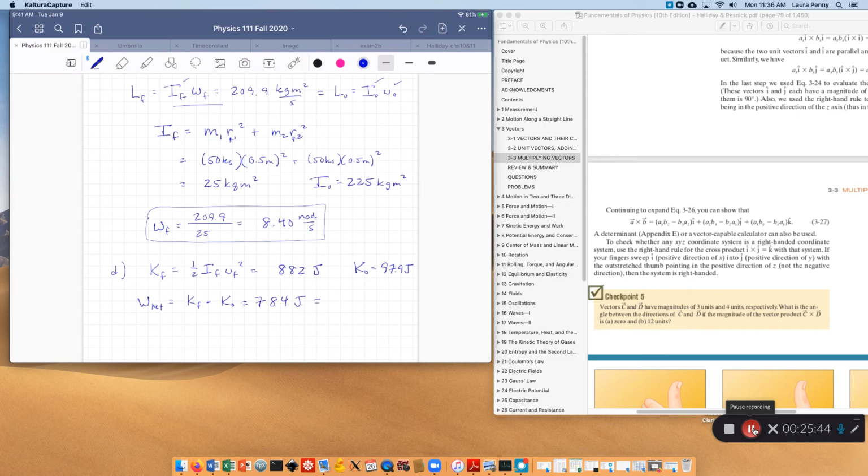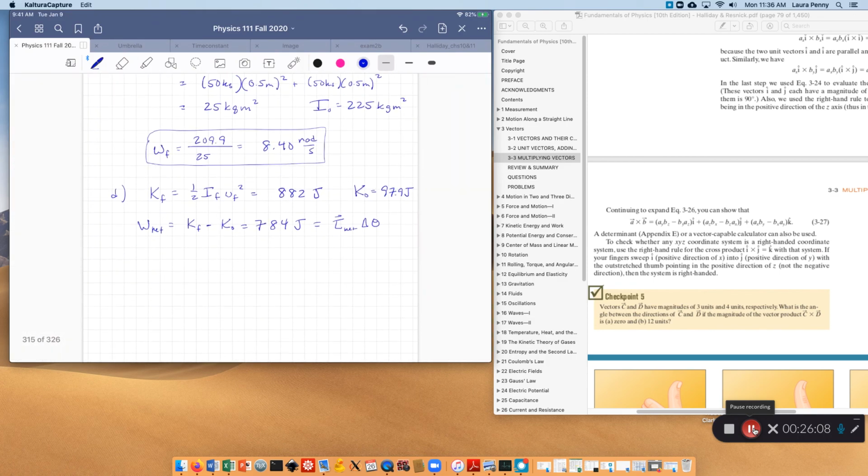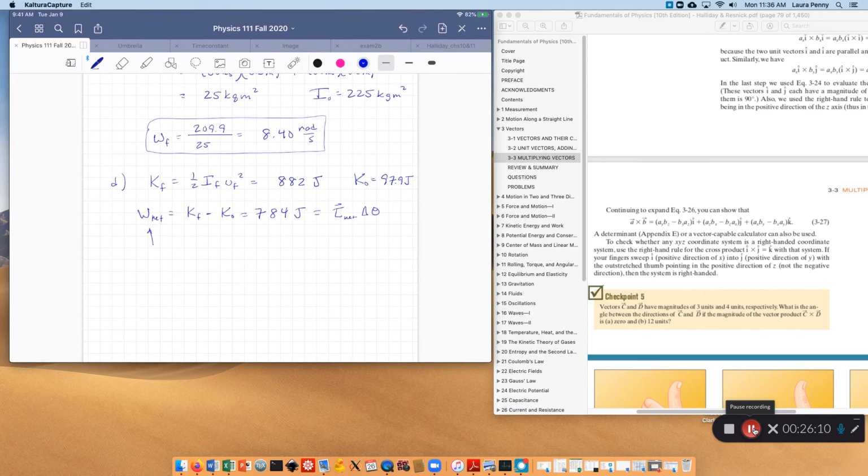And that's going to have come from some net torque times some delta theta, which it doesn't actually ask us to figure out, but it does ask where that energy came from. What did the work? Well, when they did this, they had to pull on the pole. They both had to do it. And so the work came from the skaters themselves.